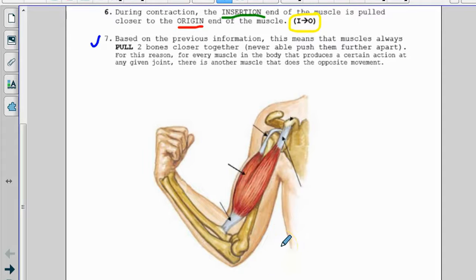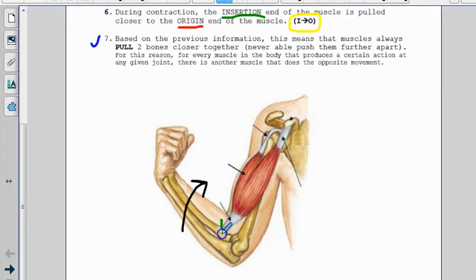I'm pretty sure that you know the biceps brachii causes flexion at the elbow joint. And if that is true, which it is, this lower arm is going to raise up like this when the muscle contracts, which means this is the moving side. That is the insertion end.